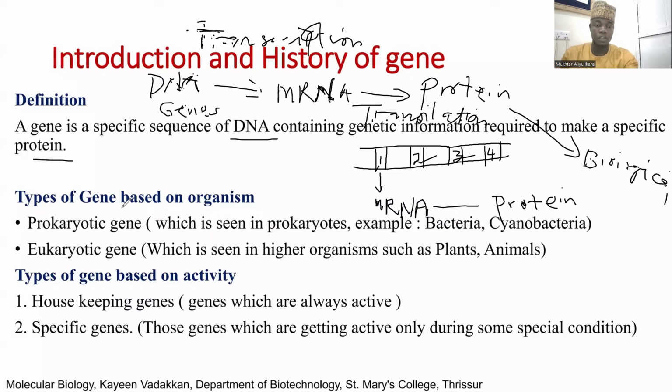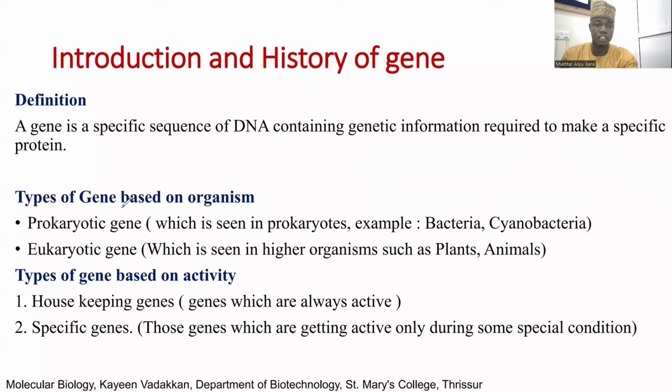Like for example, we can have a gene for hemoglobin, HB. And of course, we know that hemoglobin is a protein that is found in the red blood cells, which is responsible for transport of oxygen.